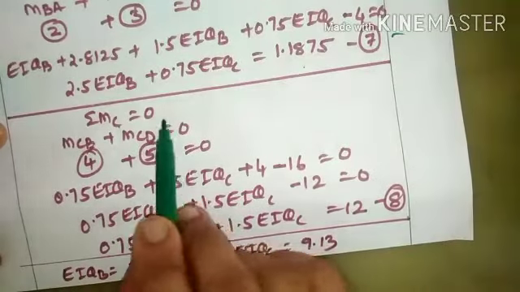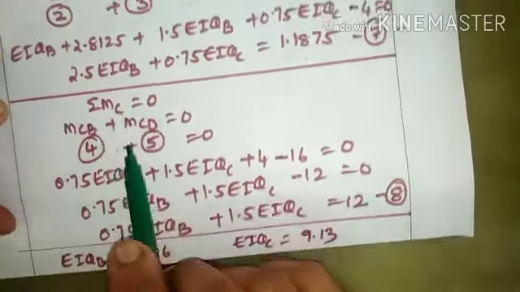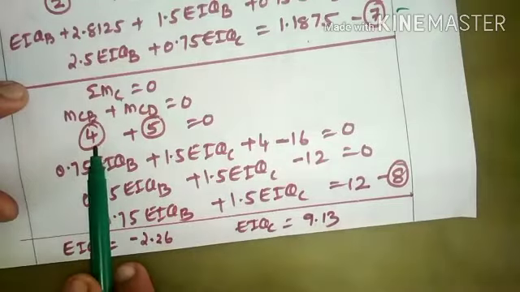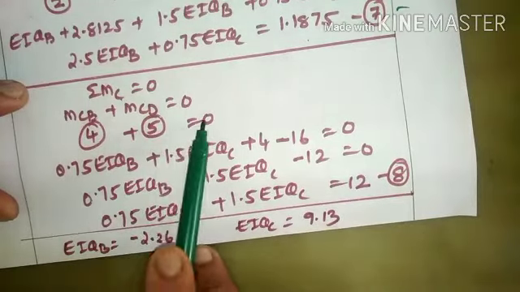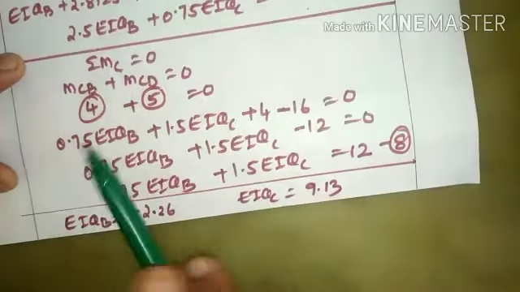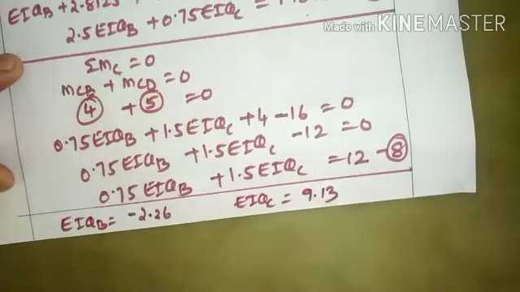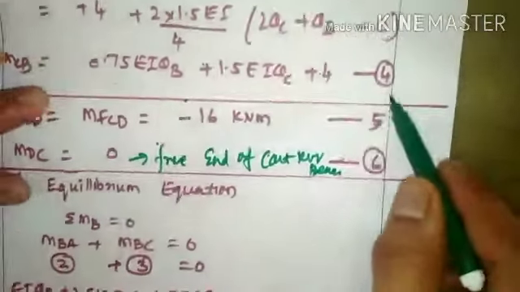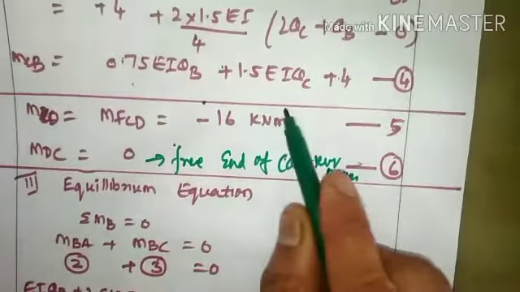Likewise, summation MC is equal to 0. When you take summation MC is equal to 0, MCB plus MCD is equal to 0. Equation 4 plus equation 5 is equal to 0. 0.75 EI theta B, which is equation 4, here it is, MCB, 0.75 EI theta B plus 1.5 EI theta C plus 4.